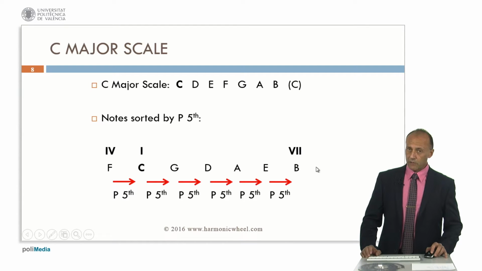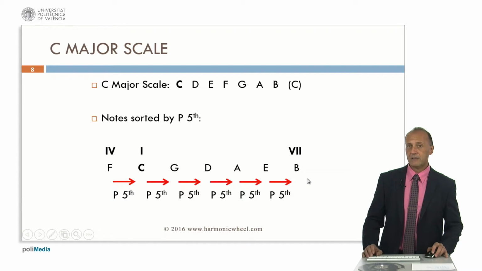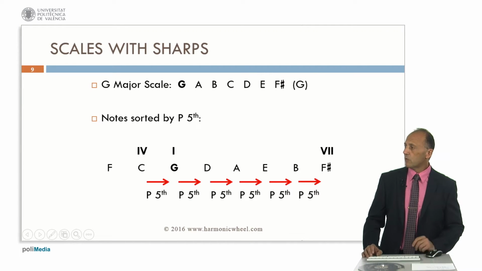So, following this process, we can include a new perfect fifth over the last note, B, which is F sharp, and this way we obtain a new major scale, which is G major. Remember that the second note is the tonic.